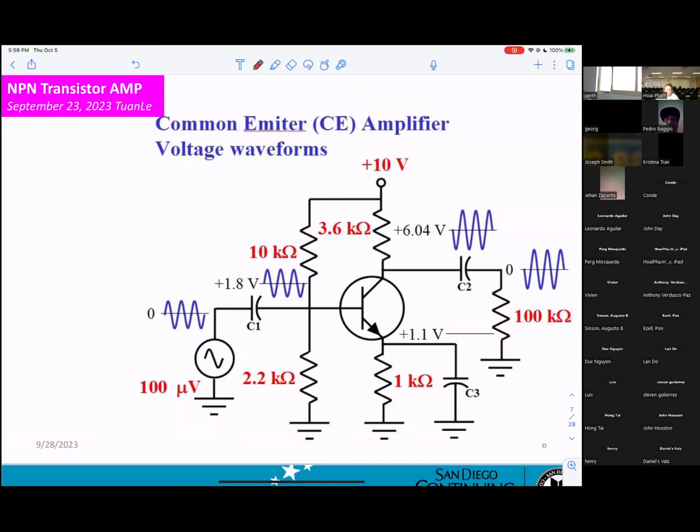We already told you, you don't have a 10 volt DC voltage in AC. So how do I draw the connection for the 10 volts in here? You have to make a connection to the ground.